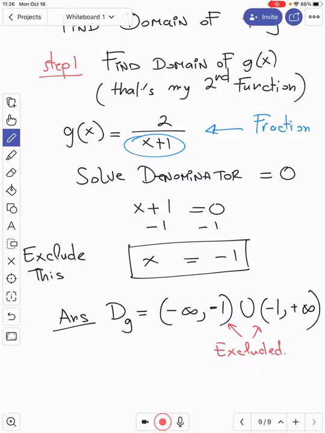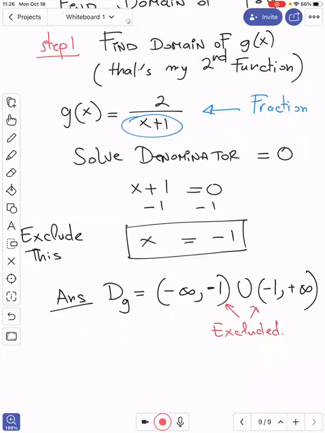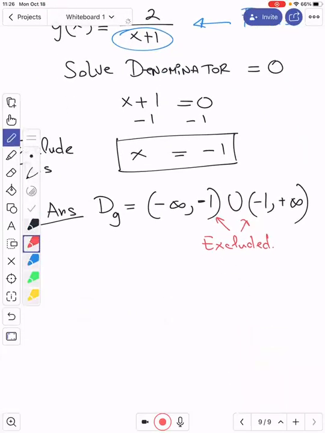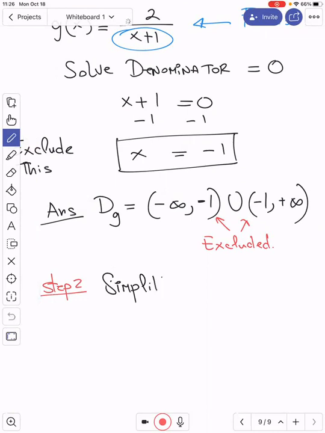Right, now, as a second step, you have to compute and simplify this f composed with g, f of g of x, and find its domain.